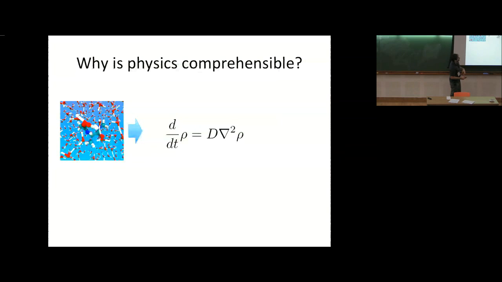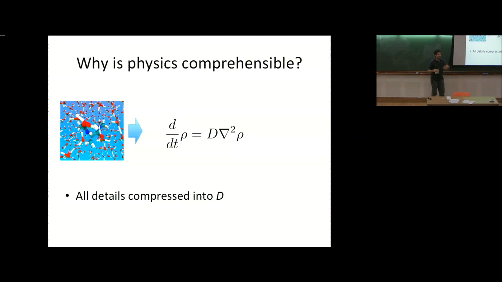But if you're only interested in things that happen at sort of relatively long timescales, you can use the diffusion equation. So here I'm representing the density of the particles, and here's a diffusion constant. And somehow all of these details about sort of how water interacts with itself and how it interacts with the molecules, all of this just gets compressed into this one parameter D, right?